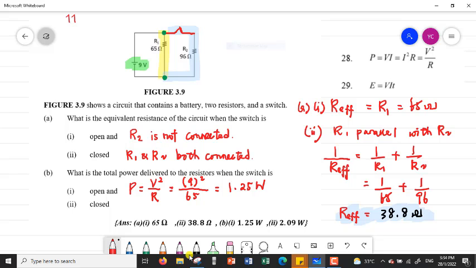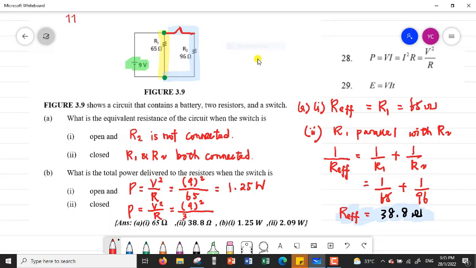Okay, and then the second question, what is the total power delivered to the resistor when the switch is closed? When the switch is closed, we are still using the same equation, V squared over R, but now the effective resistance will change to 38.8 ohm because when the switch is closed, both resistors are connected in parallel in the circuit.